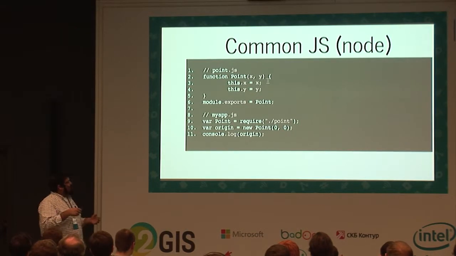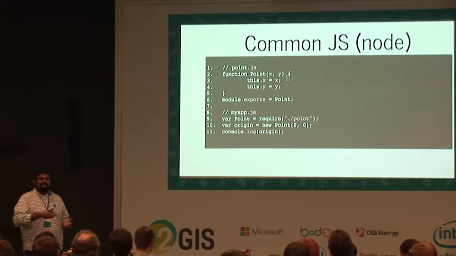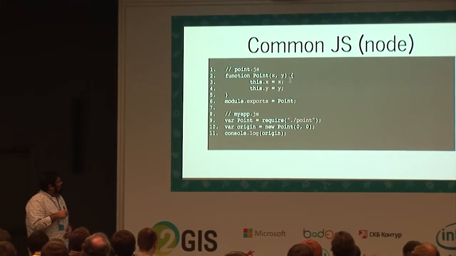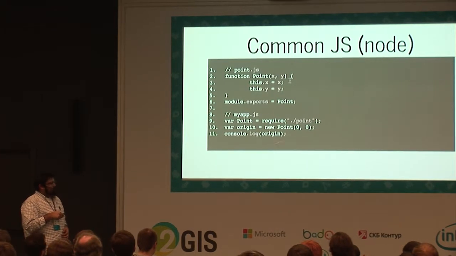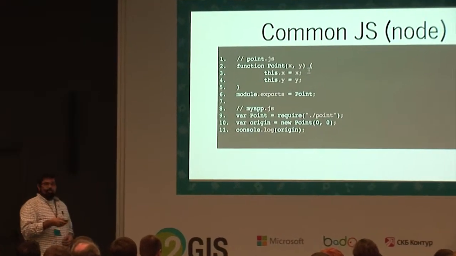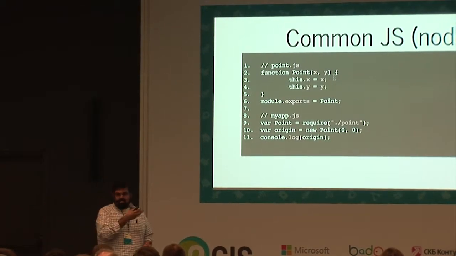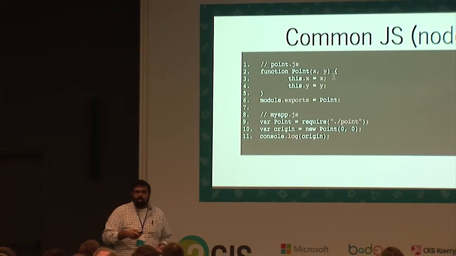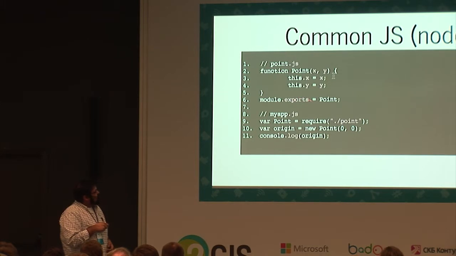Module.exports stands for what this module itself is defined to be. So here I set module.exports to point, and then when I require that in my app, this is an exact parallel to the previous AMD example. In this case, Node.js would know, since you're looking up this path, I'll go look in this file, and I will take the module.exports from there, and I will assign it here, and then you can do whatever work you want.